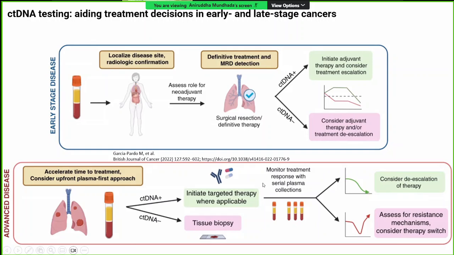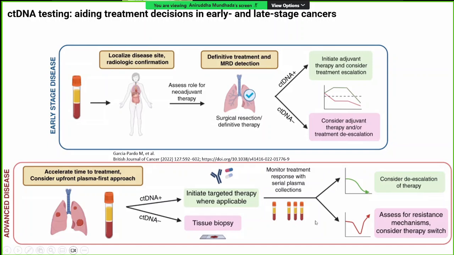In advanced disease, such an assay would be useful to get the lead time in detecting a relapse or detecting a failed approach to the treatment. In such cases, we can initiate a targeted therapy, which would be for that cancer, or we can use a tissue biopsy to confirm the treatment failure or resistance to such treatments.